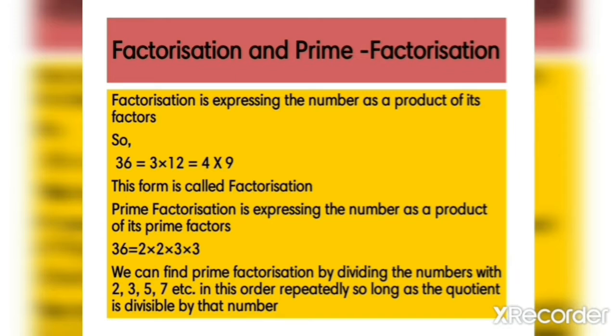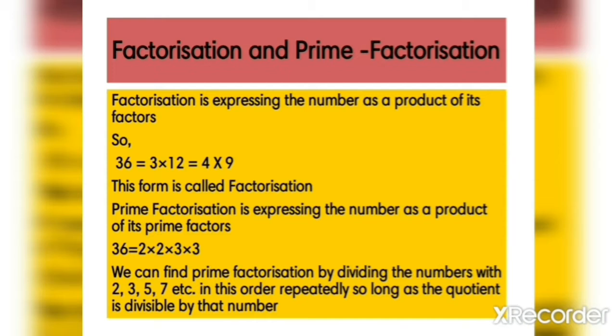This form is called factorization. Prime factorization is expressing the number as a product of its prime factors. Prime factorization of 36 is 2 into 2 into 3 into 3.